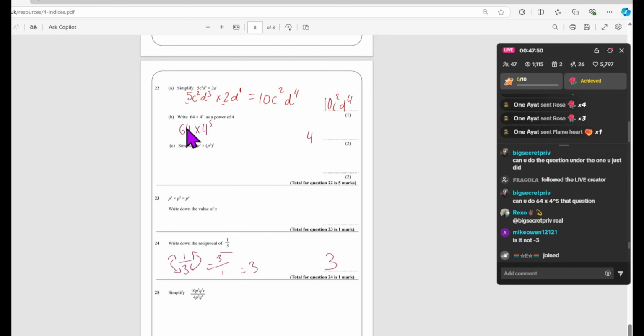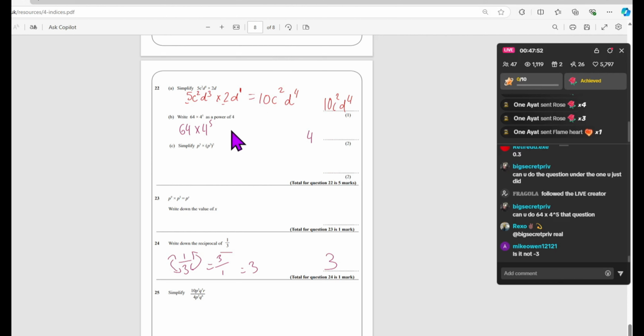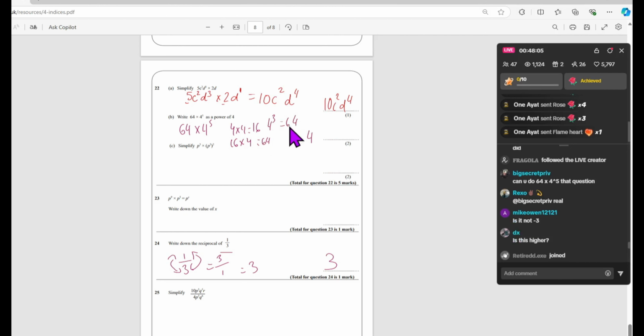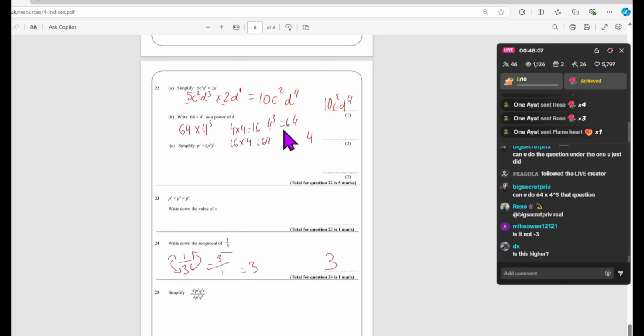We have to make 64 a power of 4, right? So how do we do this? 4 times 4 is 16, right? And 16 times 4 is 64. So we know that 4 cubed is equal to 64.